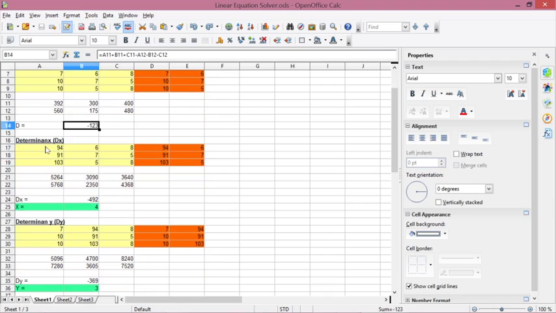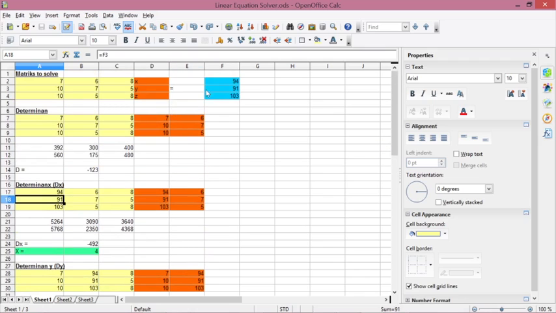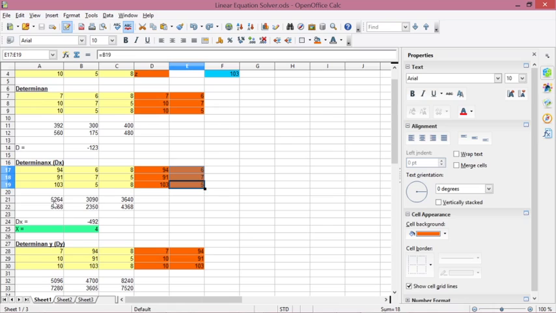And for the determinant x section, you insert the result to this first column, and then the second and the third column are the same as the matrix. Then copy the first column, that is the result in this case of determinant x, and copy the second column to the orange, and do the same multiplication here and here for each diagonal.